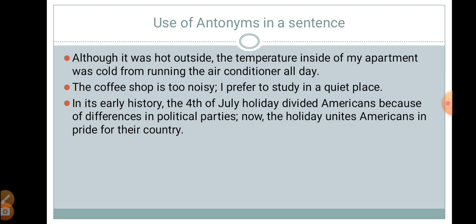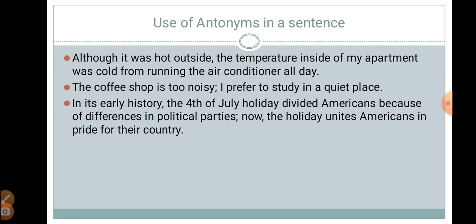Then in its early history, the 4th of July holiday divided Americans because of differences in political parties. Now the holiday unites Americans in pride of their country.